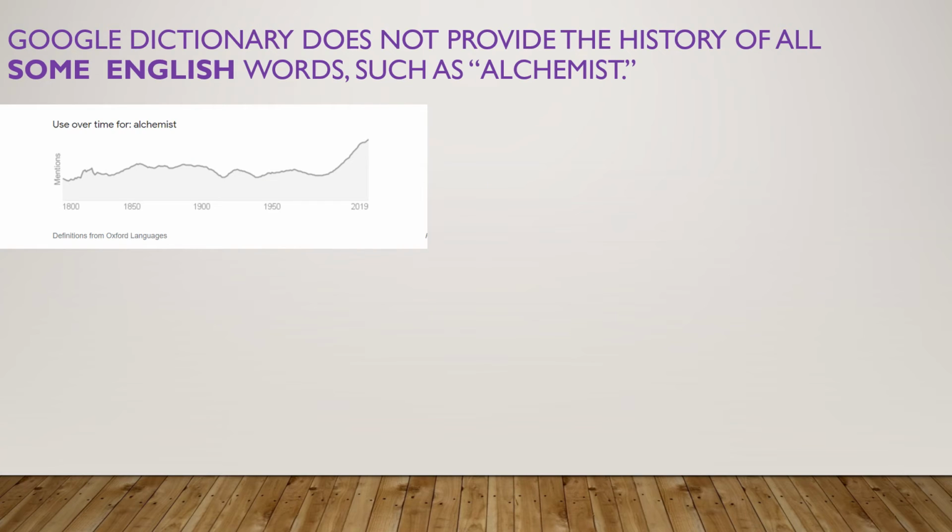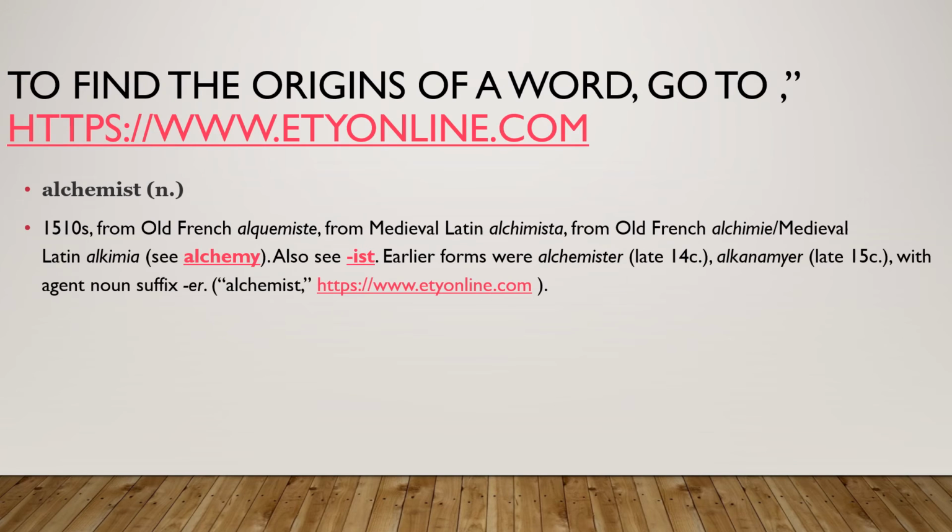Google Dictionary does not always provide the history of all English words, such as alchemist. You may need to use an online etymology dictionary, such as OED.com, to discover the history of a particular word, such as alchemist. To find the origins of a word, go to Etymology Online. For example, alchemist's original form came from Latin.